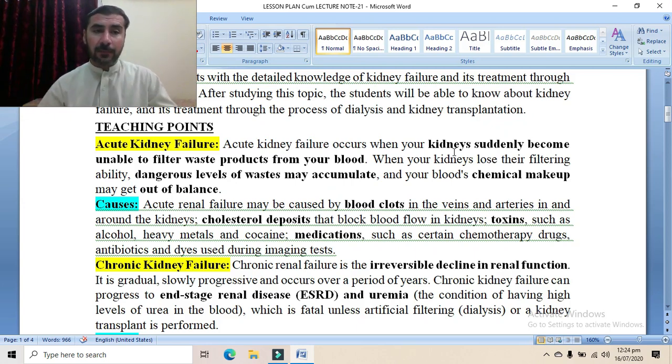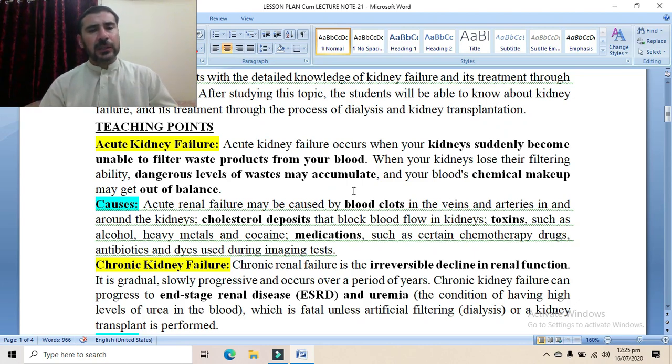And when this happens, basically the glomerulus or Bowman capsule, the filtering unit, is not properly working. So as a result, the blood will not be properly filtered, and the waste products will accumulate in the blood.